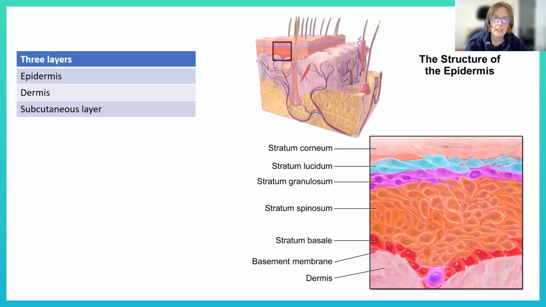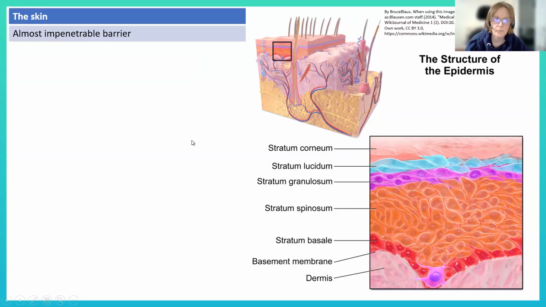So the 3 main layers that we're interested in, we've got the epidermis, the dermis, and the subcutaneous layer. So epidermis, dermis, subcutaneous. So that's basically mostly fat, that subcutaneous layer. But these two, the dermis and the epidermis, we're going to have a little look at now.